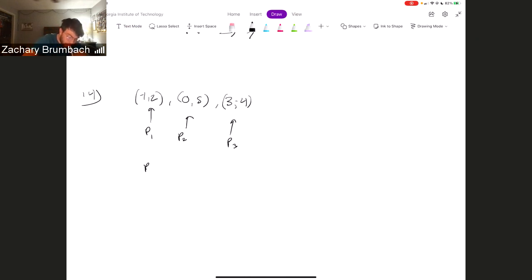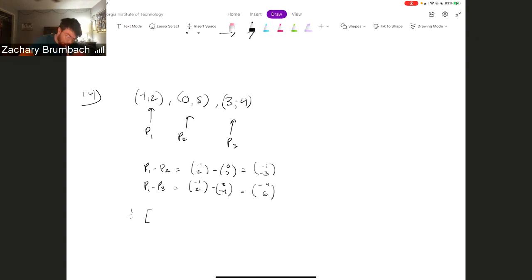You take point 1 minus point 2 and put it in vector form, right? So this would be (-1, 2) minus (0, 5), so (-1, -3), okay? And then you take point 1 minus point 3: (-1, 2) minus (3, -4), that is (-4, 6). Okay.